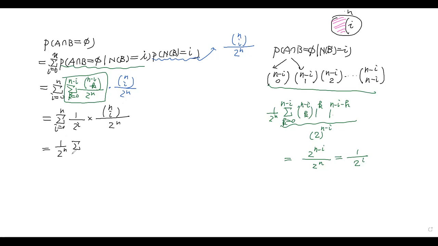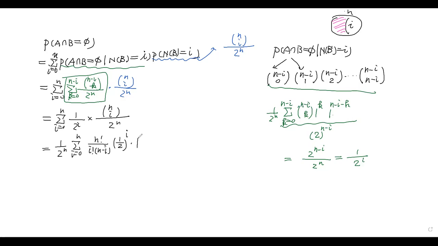Then this is the summation I from 0 to n. Then in here, this is n factorial over I factorial, n minus I factorial. And this 1 over 2 to the I, so I can write this as 1/2 to the I.